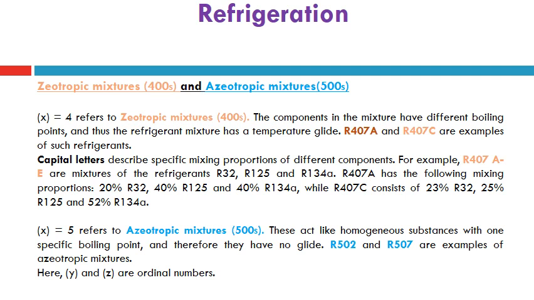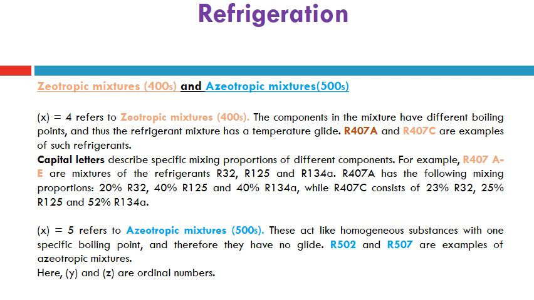For example, R407A to E are mixtures of refrigerants R32, R125 and R134a. However, the percentage of mass of each of these three components is different from R407A until R407E.